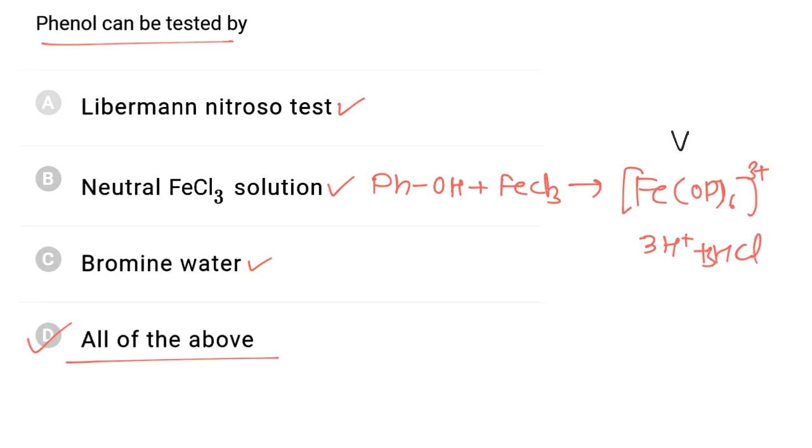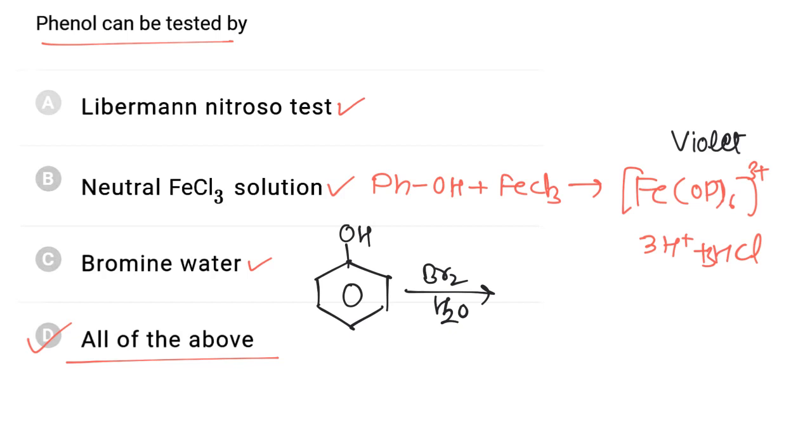This is a violet color complex. If a violet color complex is formed, it confirms the presence of phenol. Now when a phenol molecule is treated with bromine water, it will form tribromophenol, and tribromophenol is a white colored precipitate. So options B and C are both correct.